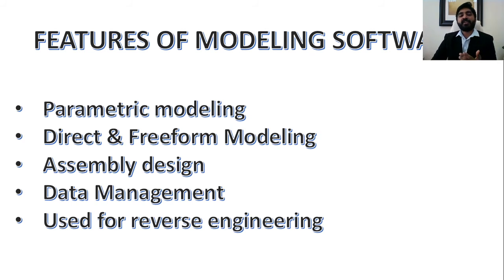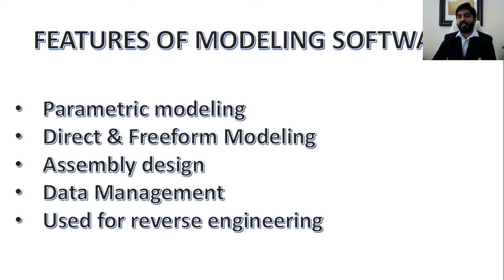Any 3D modeling software that you take, all the software will have some basic features. Some among them are parametric modeling, the modeling according to the parameters, the dimensions, the relations. The remodeling is very easy if the parameters are associated with it.